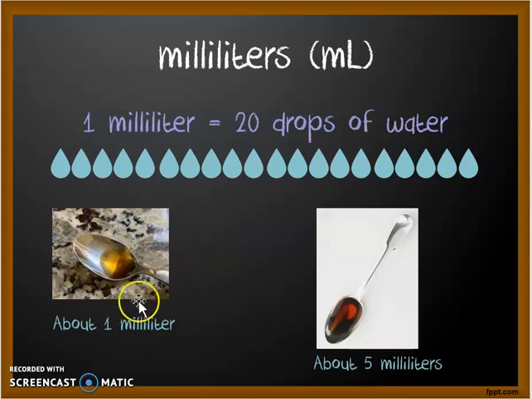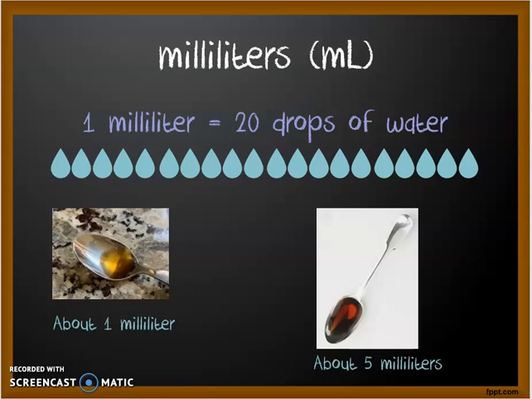If I had a regular kitchen teaspoon that's full of liquid, and I can't put any more liquid on it because it would spill off, that's about 5 milliliters. So you can get the idea of what a milliliter is. It's not a whole lot of liquid. It's a little bit of liquid.